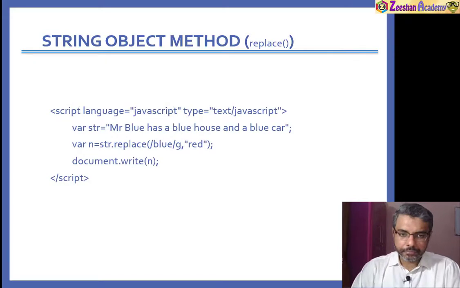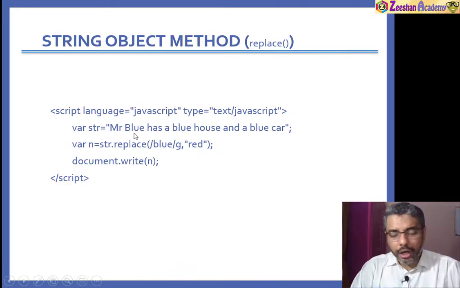For example, we specify a string, "Mr Blue has a blue house and a blue car." So we specify a search pattern, string.replace, giving a particular pattern, in this case blue. So it will search for the blue string, the blue pattern. Global, okay, means search all occurrences, not just the first one: first, second, third, search for it.